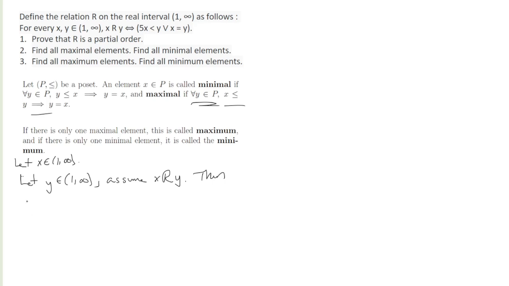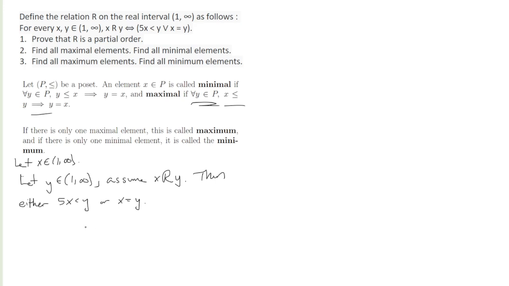Now, what I do know from the definition is that either 5x is less than y or x equals y. So x can equal y, great. Now for this particular fixed x, is it always true that 5x is not less than y?